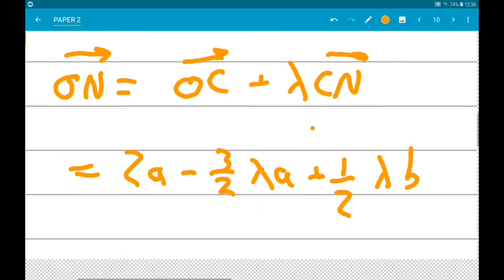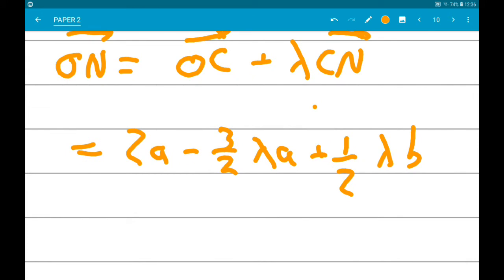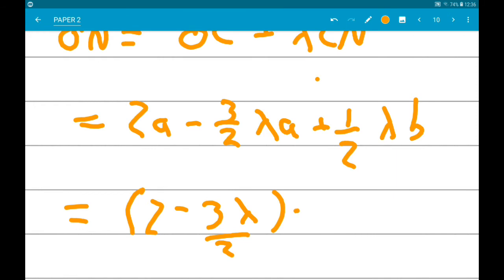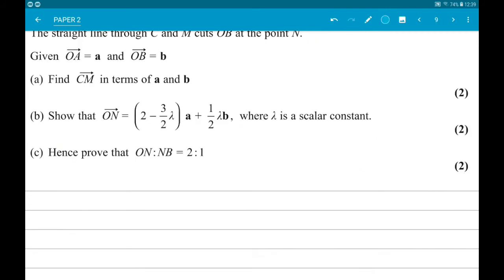So, in terms of a, we have 2 minus 3/2 lambda a, plus 1/2 lambda b. Hence, prove that ON to NB is 2 to 1.